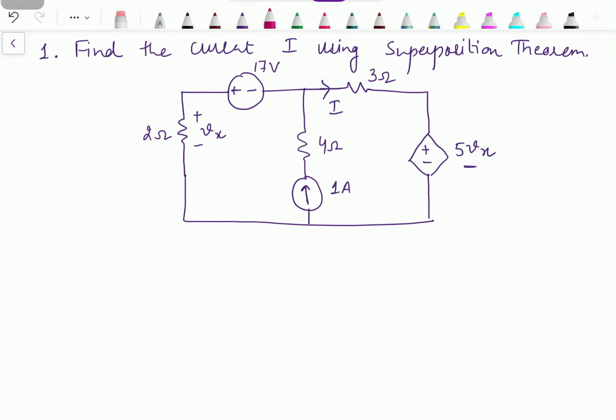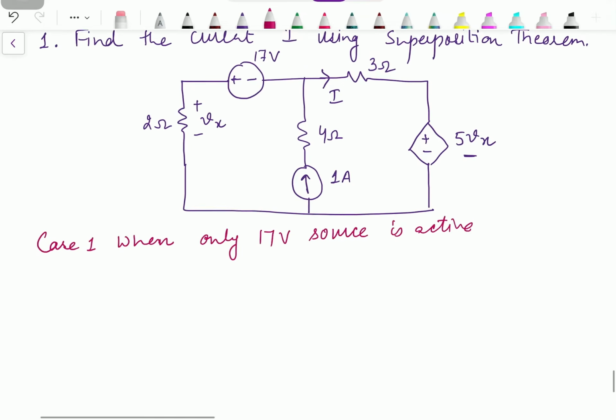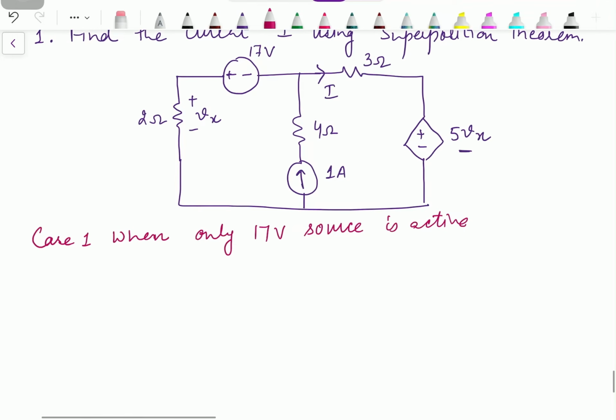So case 1 is when only the 17-volt source is active. So when the source is active, it will remain as it is in the circuit.